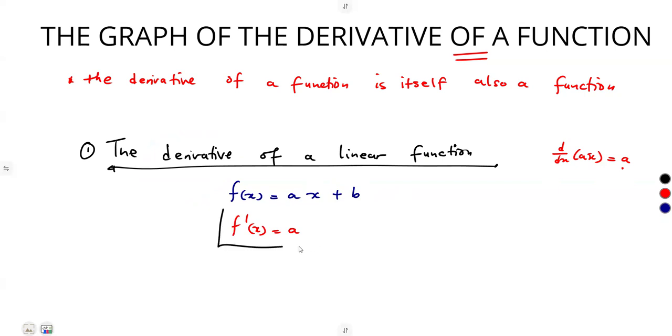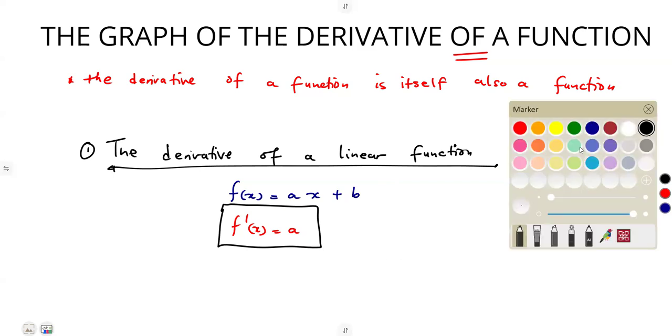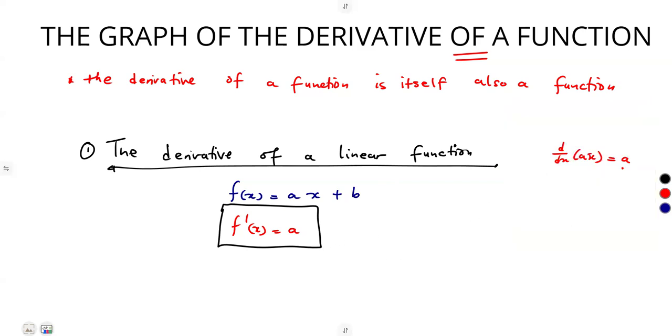And this is a function that you are referring to. y is equal to a. y is equal to a constant. So you're going to notice that the derivative of a linear function gives us a straight line parallel to the x-axis, because the line y is equal to a.